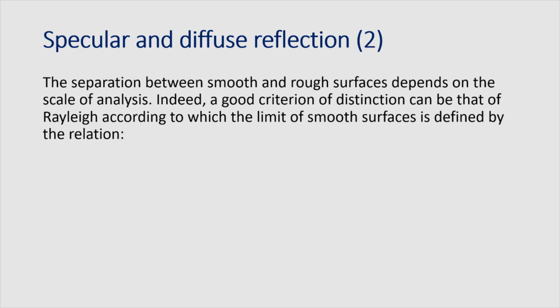We have this criterion that is called the Rayleigh criterion, in which you have this simple relation, where if H is less than the ratio between lambda and 8 times the cosine of theta, the incident angle, you will have something that is smooth.